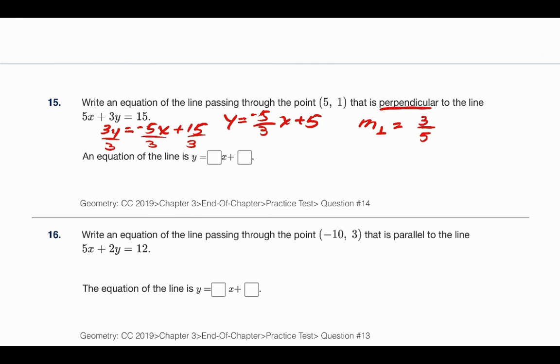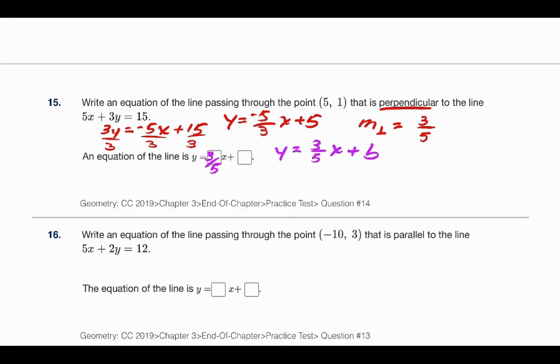So now since I have 3/5, we know that my new equation is going to be y is equal to 3/5 x plus b. So we at least know our slope is 3/5.